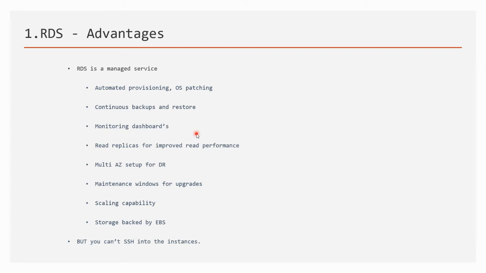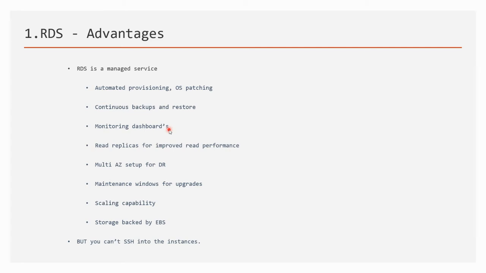Whichever operating system they are using to install MySQL, they will upgrade the operating system as and when it is required. Next, of course, in any production environment you need continuous backup, so that if something goes bad with the main database, we can restore it. And then they give monitoring of the database.